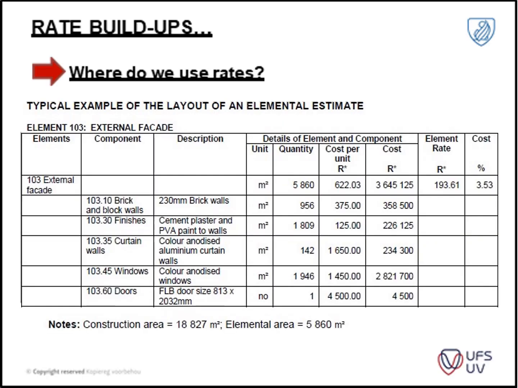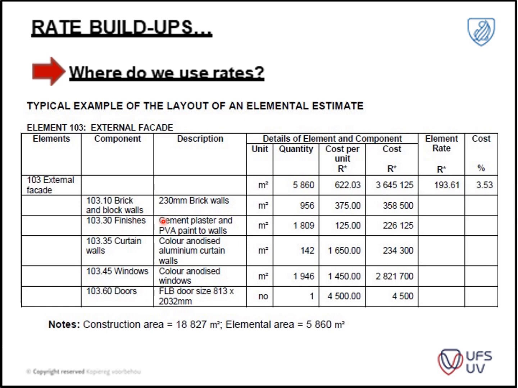Here's an example of what it will look like. You go to your elemental guide and look at the specific item that you want to conduct a rate buildup for. For instance, your external facade: in your elemental guideline, it stipulates the different components that you have to have, and then you've got your description of the specific component. For brick and block walls, if it's a 230 brick wall, you will have one here.